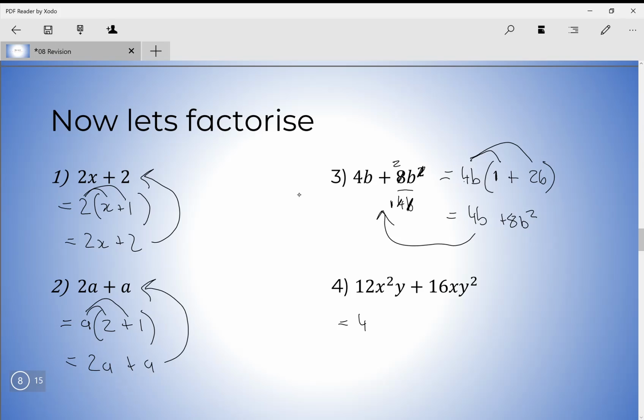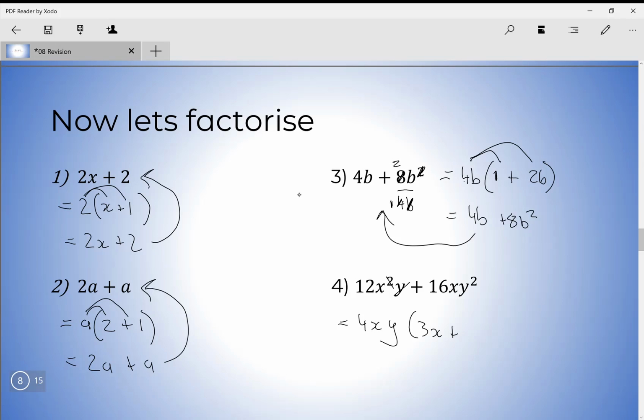And now we have an x on both sides, so we can have an x in our highest common factor, and we also have a y on both sides, so we can have a y in our highest common factor too. So now 12x squared y divided by 4xy: 12 divided by 4 is 3, x squared divided by x, we can cancel the squared, and y divided by y will just disappear, cancel out.